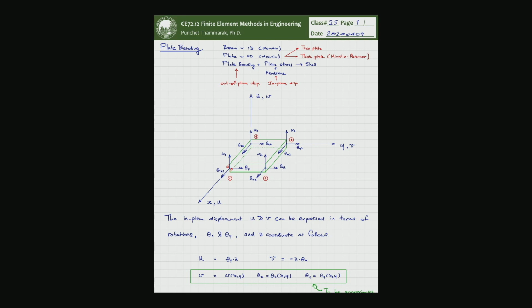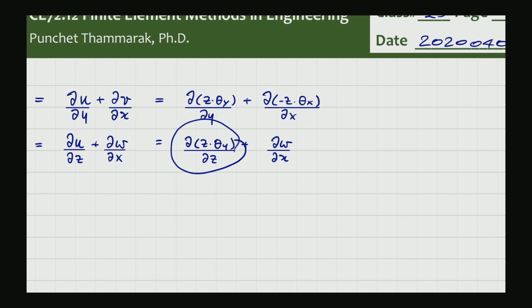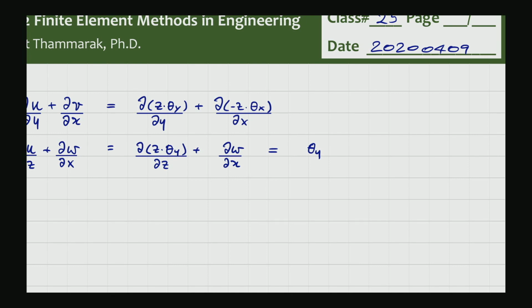That is where we associate everything, and we are not going to have variation of theta Y along Z. So we can write this down as theta Y, since the partial derivative of Z is taken out.